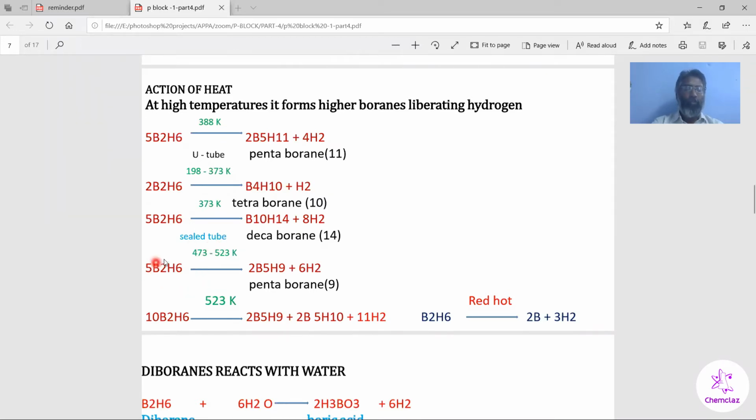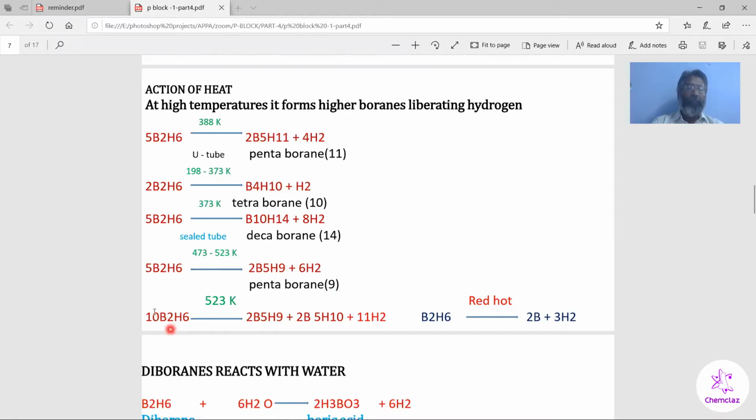With the same 5 moles of diborane at 473 to 523 Kelvin, the product is pentaborane-9. At 388 Kelvin the product is pentaborane-11, while at 473 to 523 Kelvin the product is pentaborane-9, with only 9 hydrogens.